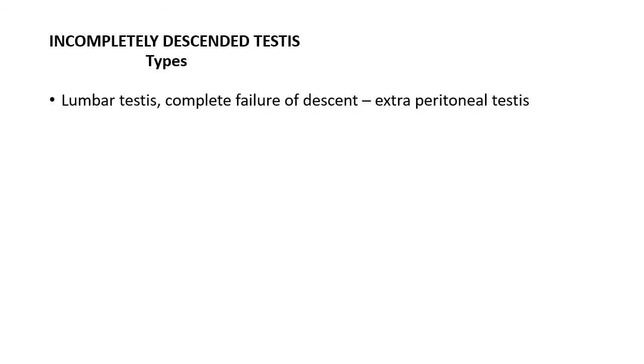The types of incompletely descended testes will depend upon the site where the testicular descent is arrested. So lumbar testis is a complete failure of descent. These are extraperitoneal testes, and technically you can call this an undescended testis. Iliac testes are intra-abdominal.